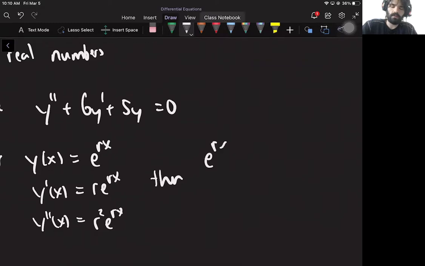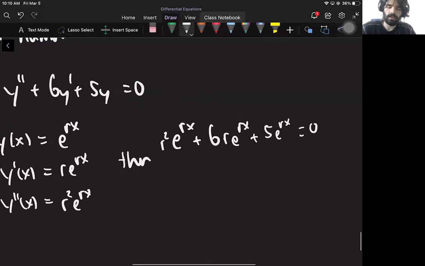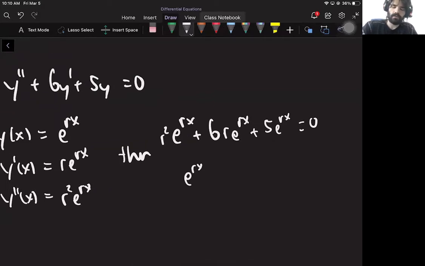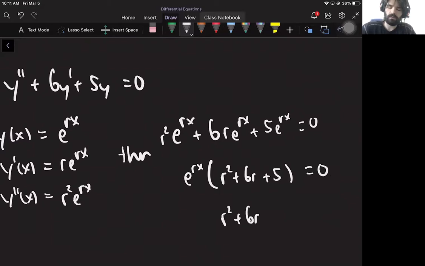This part will always be the same, except for these different numbers, so 6 and 5 this time. So I plug these in. e to the rx will still factor out, but now I'll get this quadratic equation that I'm going to be setting equal to 0 to solve for r.